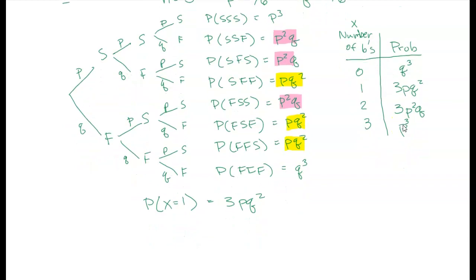So let's think about how many ways there are to get 1 success and 2 failures. Think about that as success, failure, failure, or some arrangement of those letters. So essentially we're just asking how many ways can we arrange those letters. We have 3 letters, and 2 of them are indistinguishable, so we would divide by 2 factorial.